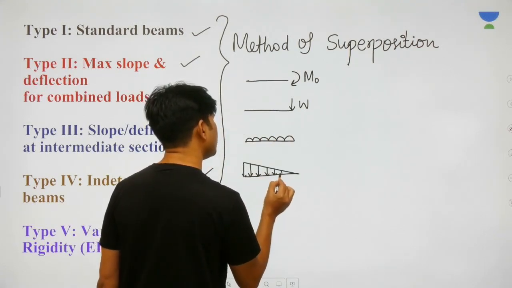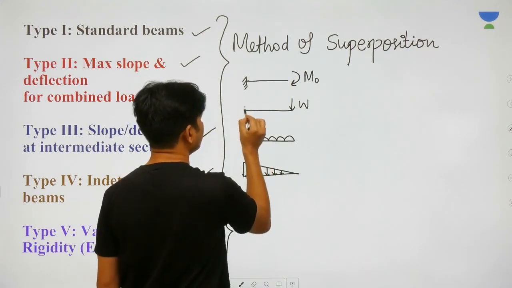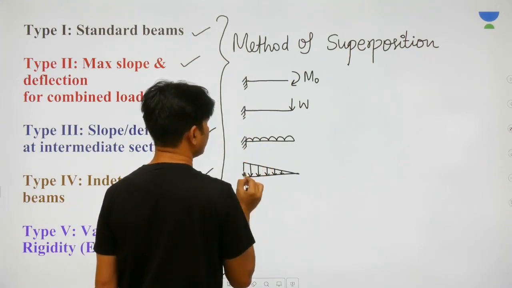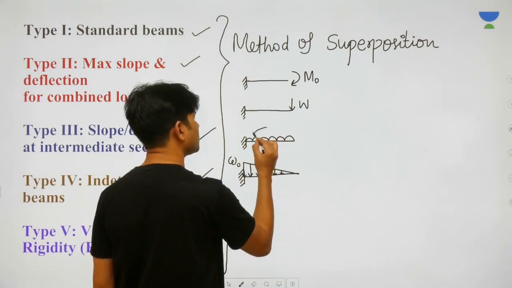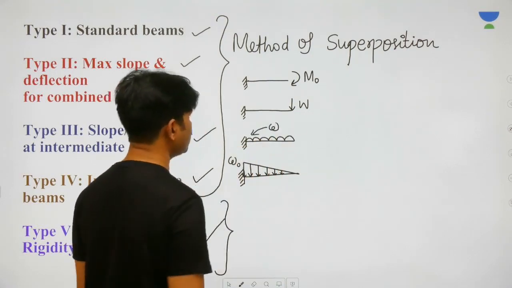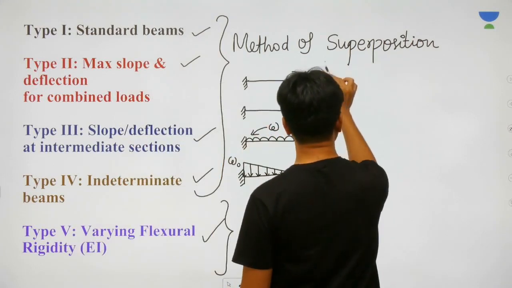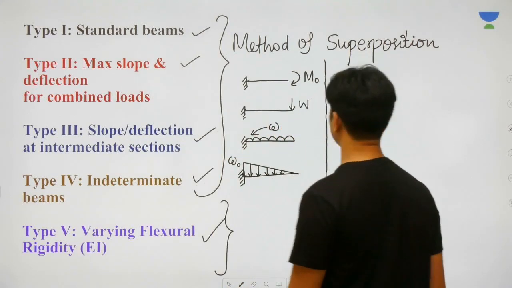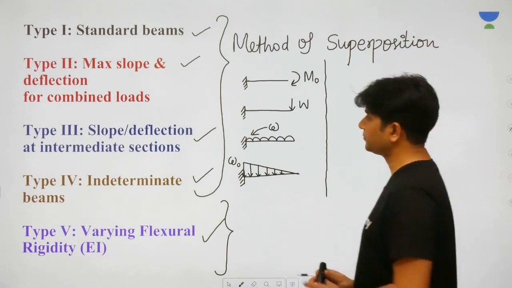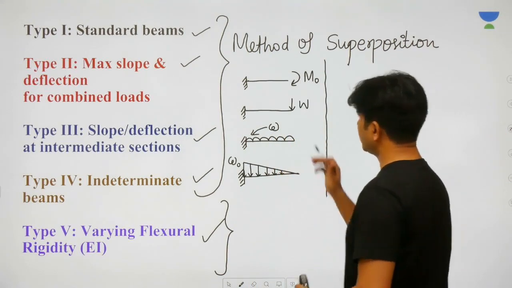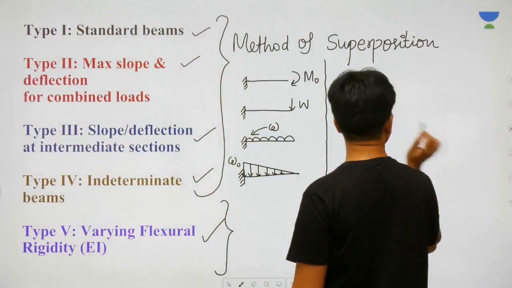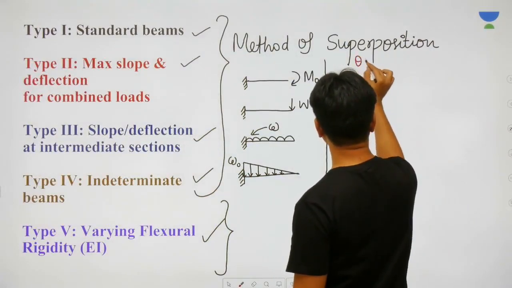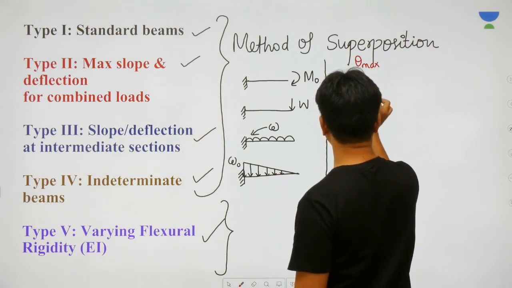Of course, in cantilever beams, you have a fixed support at one extreme. Let's say the maximum intensity of the UVL is omega naught and the constant intensity of the UDL is omega. Regarding these 4 beams, we already discussed in part 1, the very first video of this series, the theta max values and the y max values. The theta max value for the first beam is M naught L divided by EI.